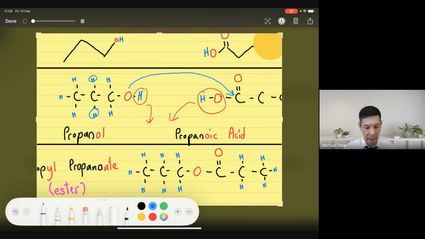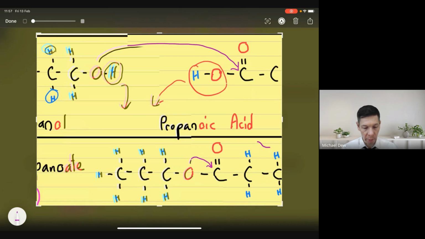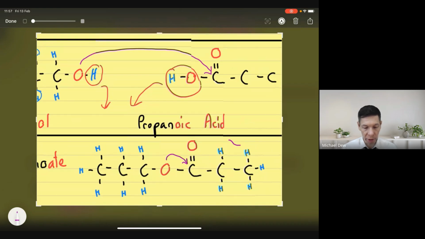Let me put it in purple so you can identify it easier. This oxygen will connect with the carbon here at the bottom, so we've connected the two structures.